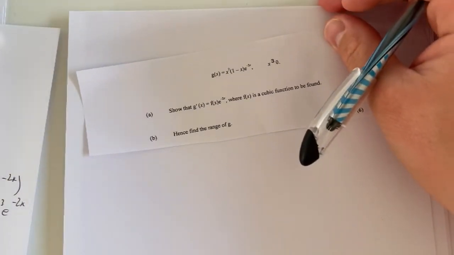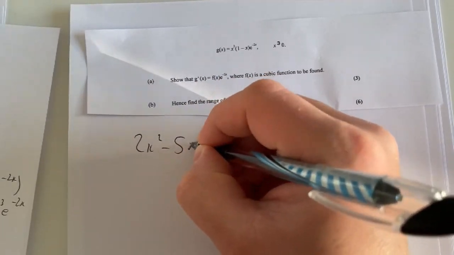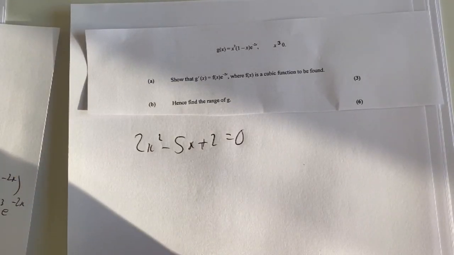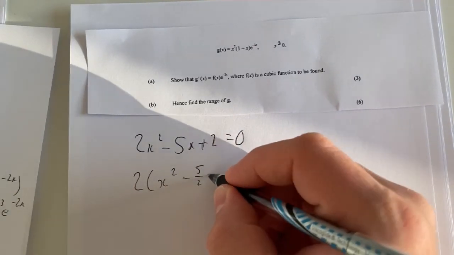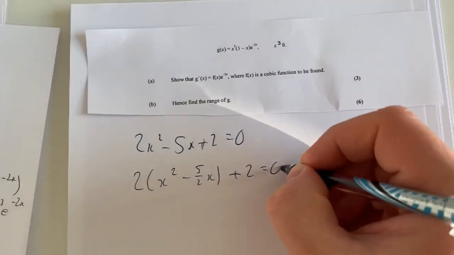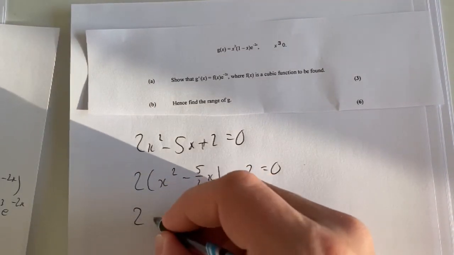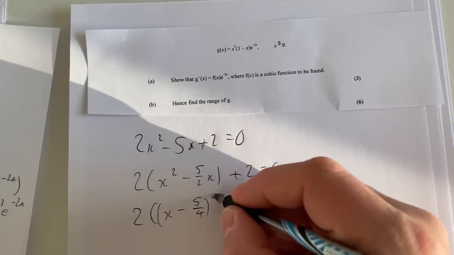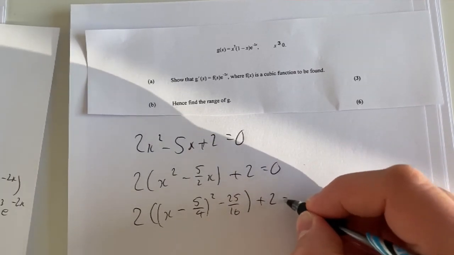Let's get some more paper. So 2x squared minus 5x add 2 equals 0. I would say the easiest way to go about this would be completing the square. So factorise and you get 2 lots of x squared minus 5 over 2 x plus 1, equals 0, or 2 lots of x minus 5 over 4 squared, take 25 over 16, plus 1 is 0.